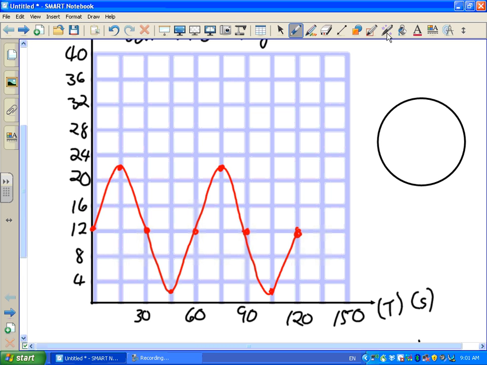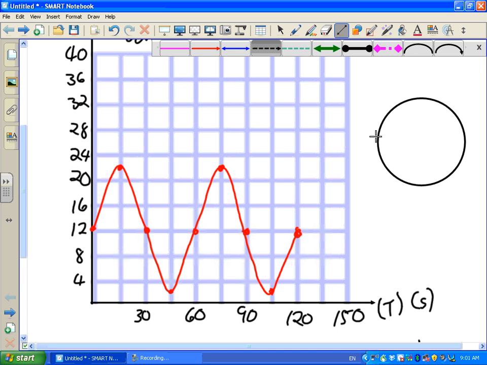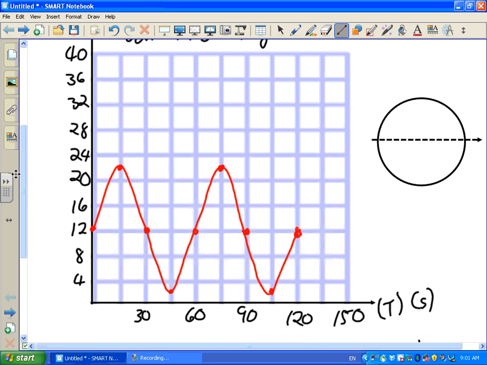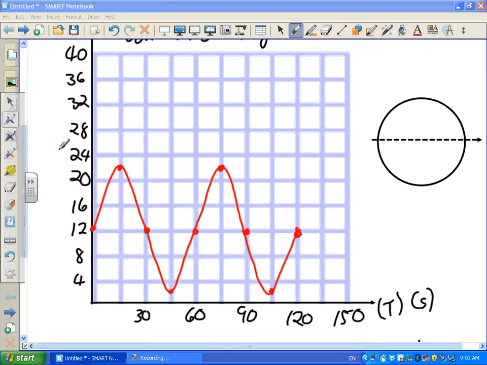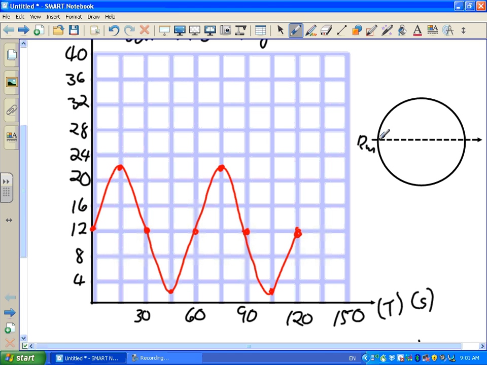So let's assume he starts on the left side, right in the middle of the Ferris wheel. And we know that he is 12 meters above the ground when he starts. What is the peak that this Ferris wheel gets to? 22. So we're going to call this 22 meters. And now what is this, 22 meters high above what?